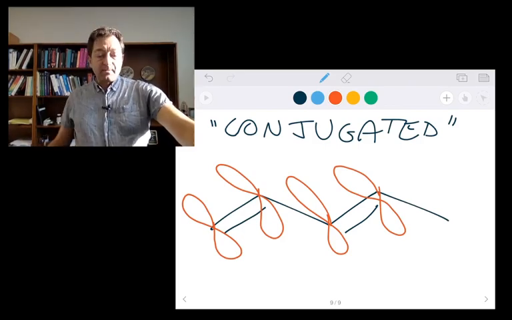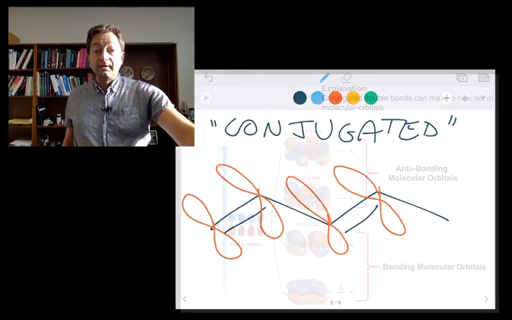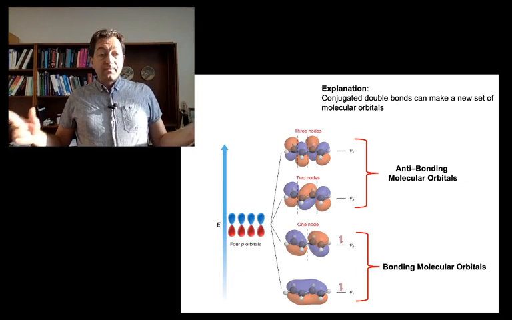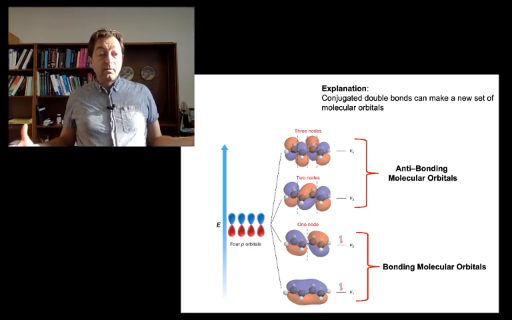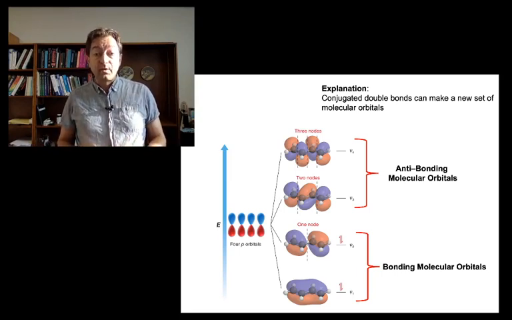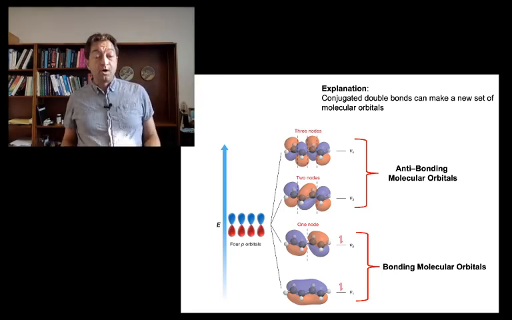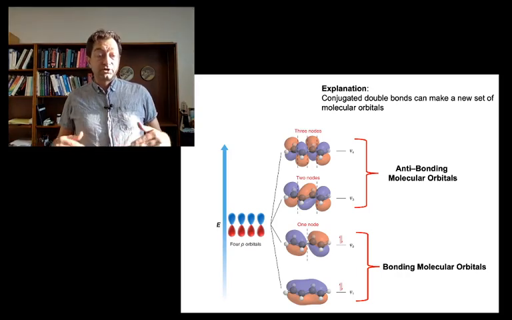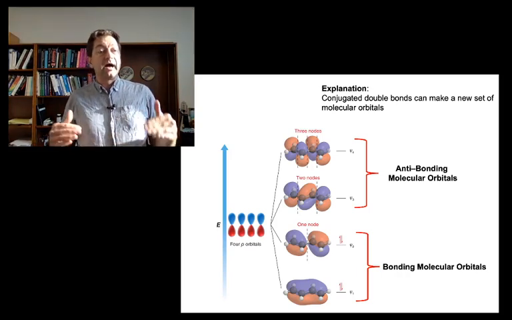And so we can maybe come up with a diagram for what this might look like, a little bit better than what I've drawn here. Again, this is a figure taken out of our textbook. If we've got those 4 unhybridized atomic p orbitals, they can all interact with each other, and they can all come together in a constructive interference way and form one strongly bonding molecular orbital that stabilizes the whole system, plus another bonding molecular orbital, which we're showing on the second one up above, slightly higher in energy.